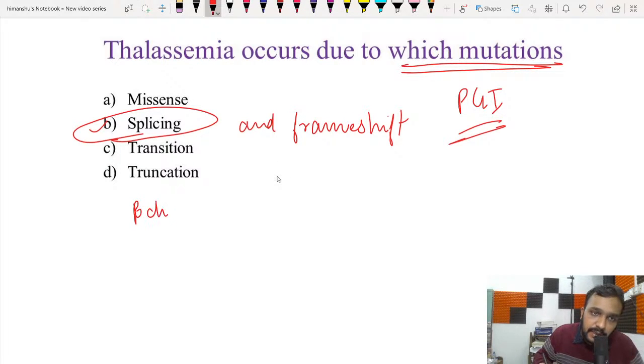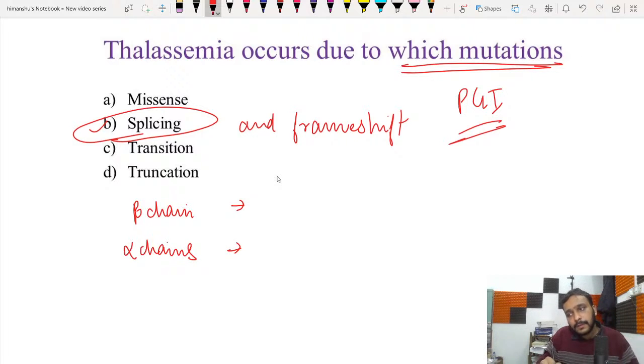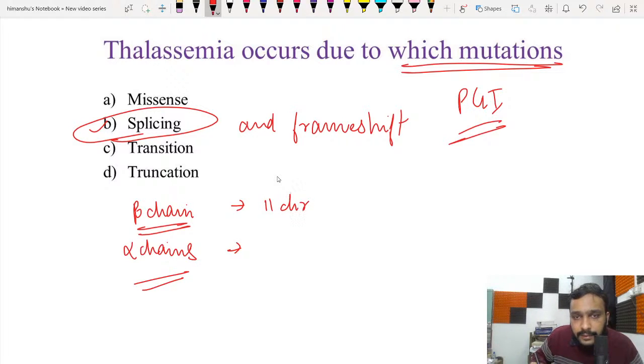So guys, I want to ask you, these beta chains are coded by which chromosome? And the alpha chains are coded by which chromosome? Beta chains are coded by chromosome number 11 and alpha chains are coded by chromosome number 16.